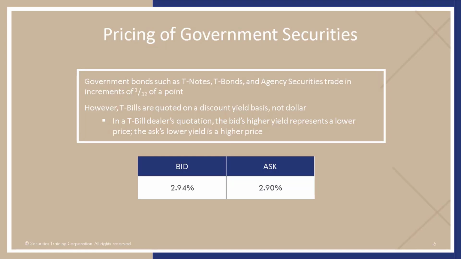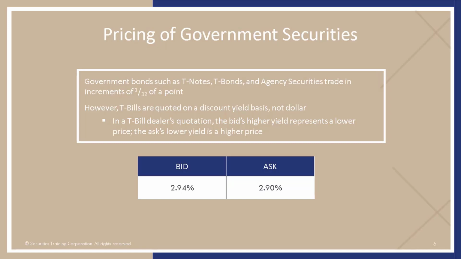So you could think of it to some extent like it's the discount off of the face value. So the bid of 294 means they're looking to buy it at a 2.94% discount off of its face value.